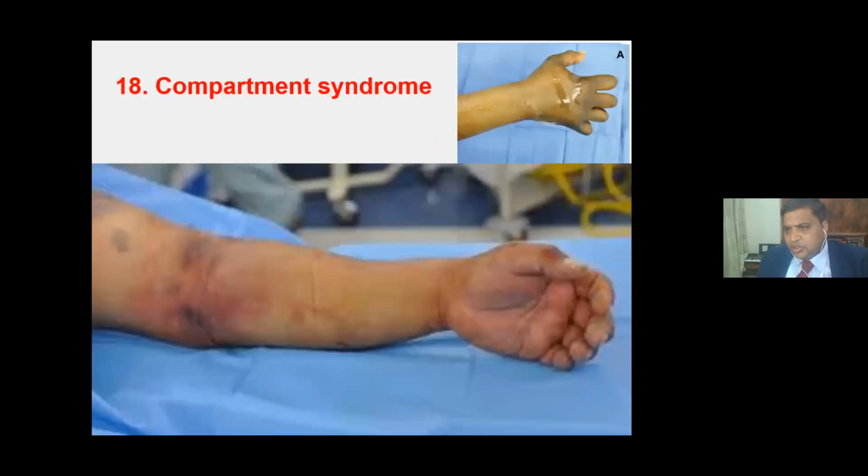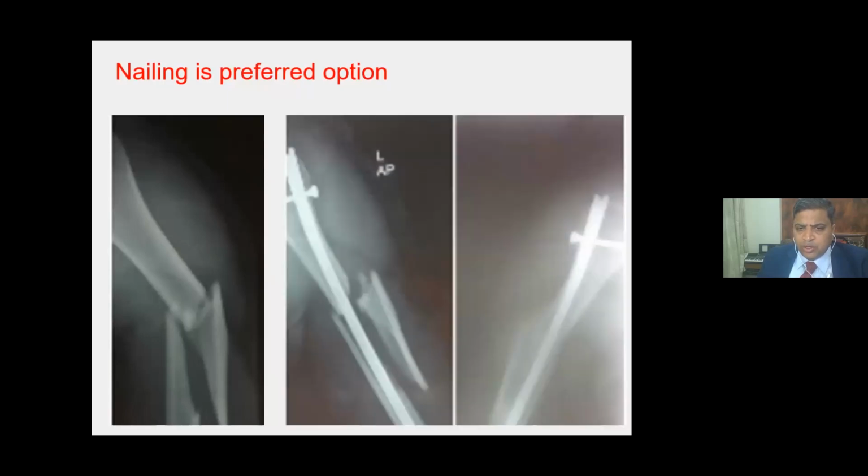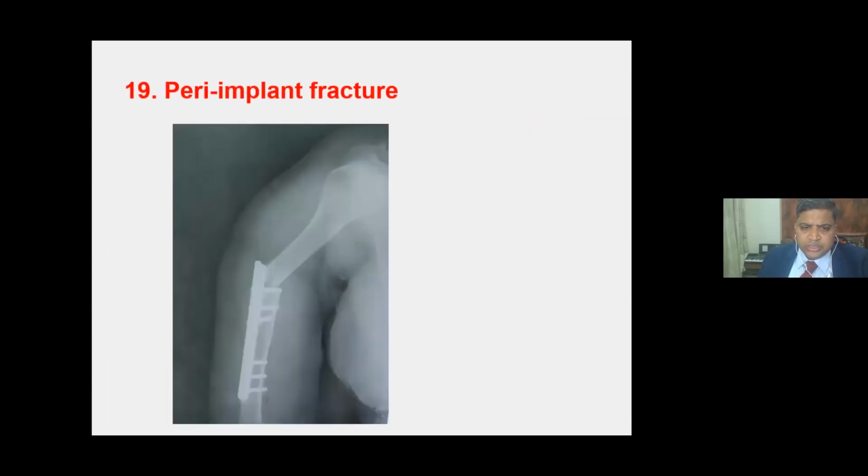In compartment syndrome, where chances of infection will be high, you should always try to go for a minimally invasive approach. Like for this patient, the humeral nail was done, and certainly it has got a good union at the end of 6 months. These are again a few particular case scenario examples, like the peri-implant fracture. Like after plating 10 years back, this lady has got this fracture.